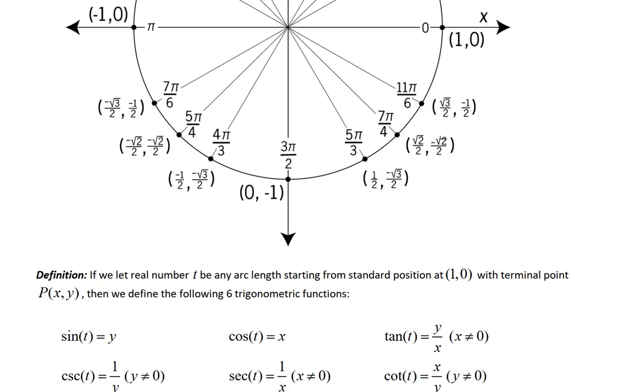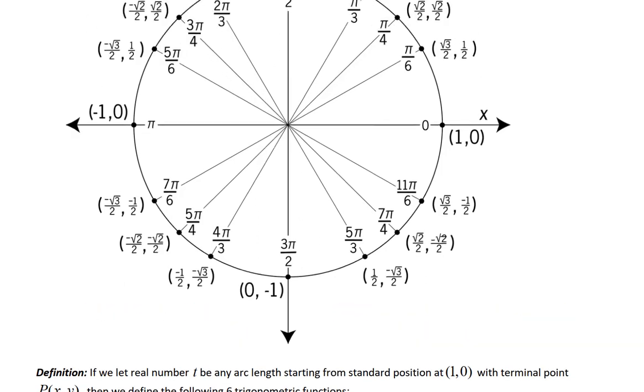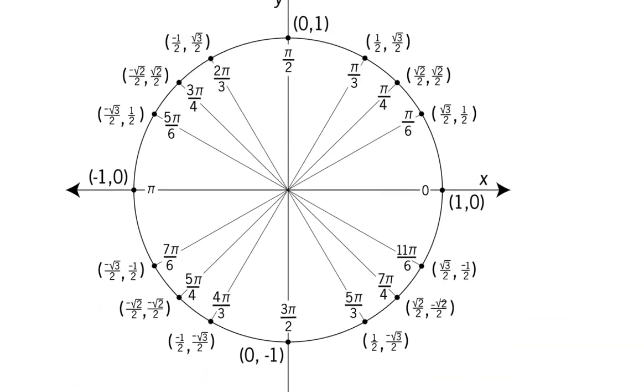If we let real number t be any arc length starting from standard position (1, 0). You might recall that as we developed our special arcs and special fractions on the unit circle, they always began at this point (1, 0) on the right side of the unit circle.